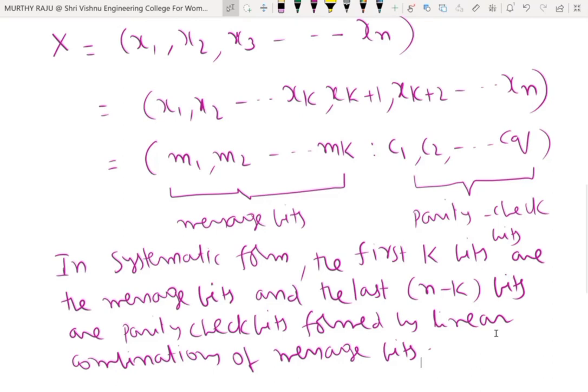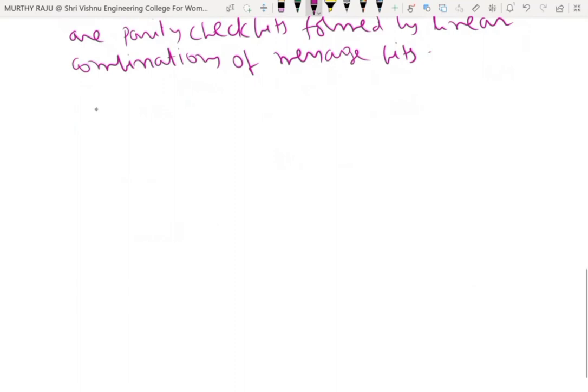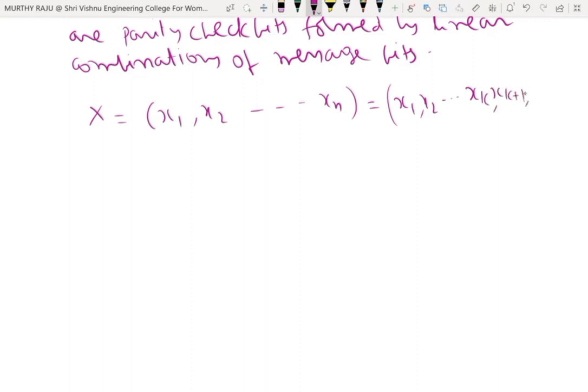Next one, here X is equal to x1, x2 and so on xn, that is x1, x2 and so on xk, xk plus 1, xk plus 2 and so on xn, is equal to, in systematic form, m1, m2, the message bits appearing first, and c1, c2 and cq are the parity check bits.